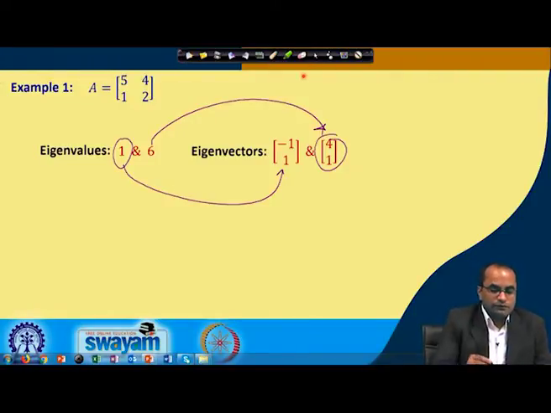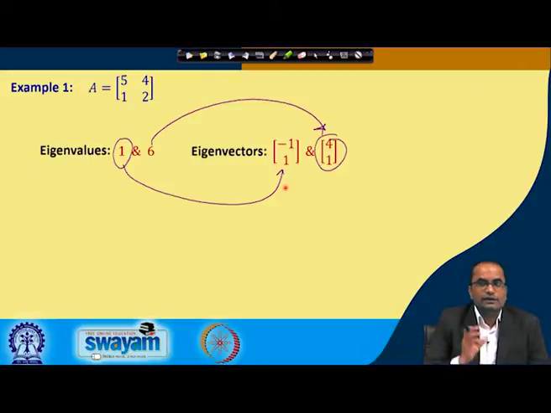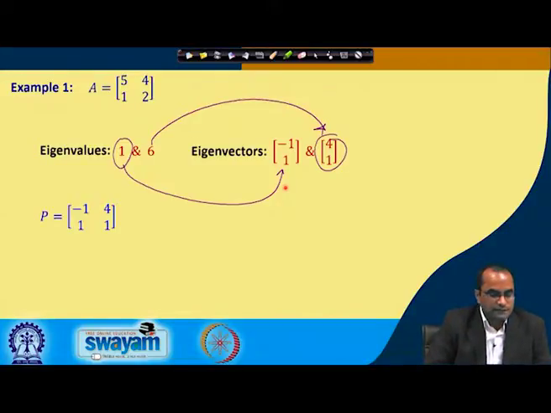Now, once we have the eigenvectors, we can formulate this model matrix which we call P. We place the eigenvectors as columns of P: minus 1, 1 is the first column, and 4, 1 is the second column.